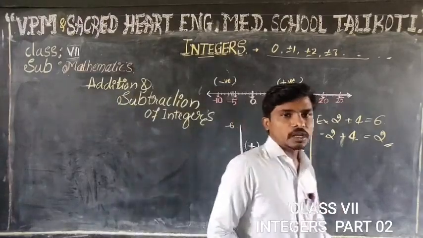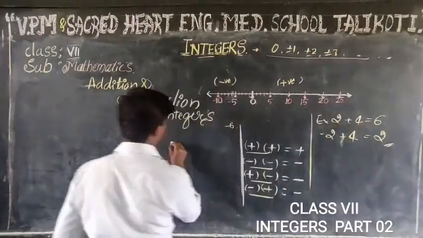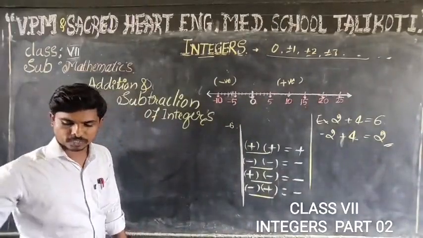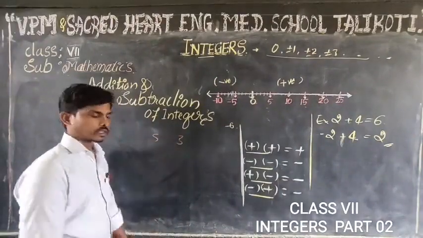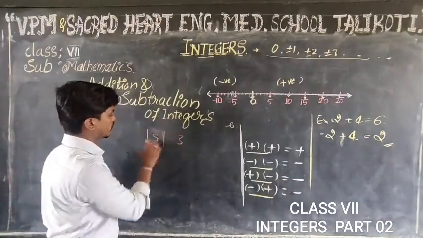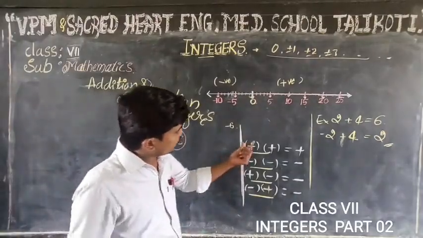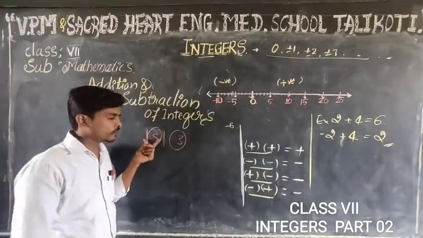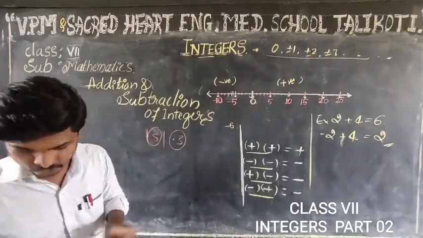Students, I am going to take two integers. Suppose I am taking the integers 5 and 3. This is one integer and this is another integer. If both integers have a positive sign, I think this symbol is not visible.